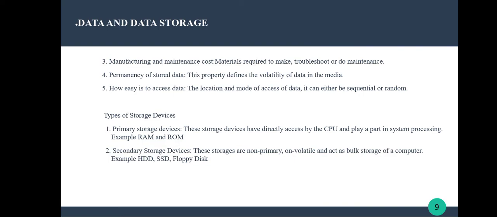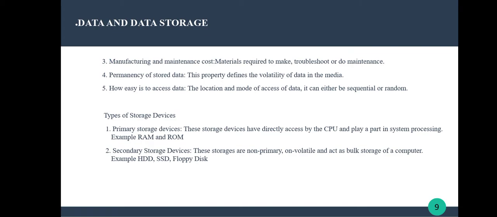Another quality we can see here is how easy it is to access the data. The location mode of accessing the data can either be sequential or random. Random and sequential are two different types. Random means that whenever the processor of the computer wants to reach data, it can easily reach the data randomly. It can directly access the data.